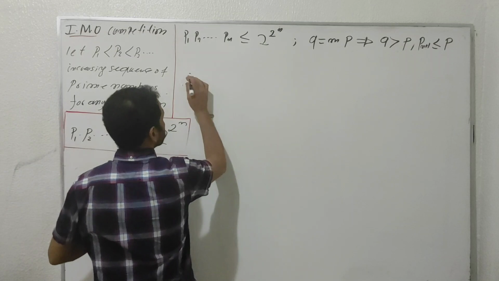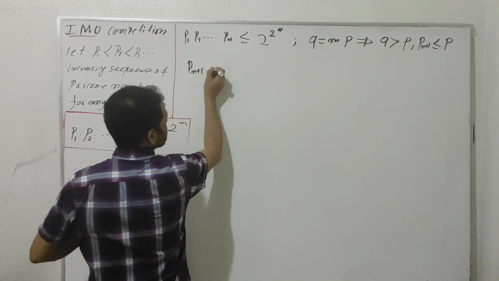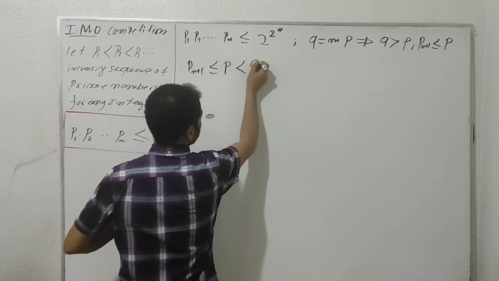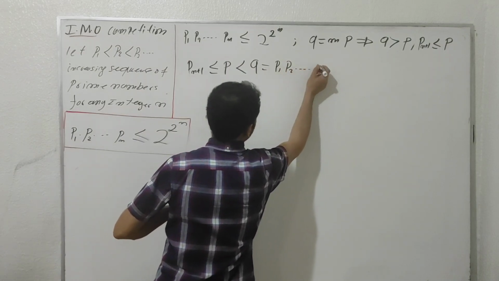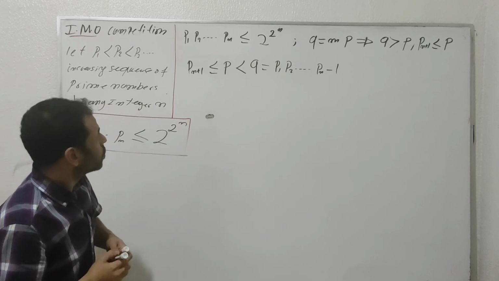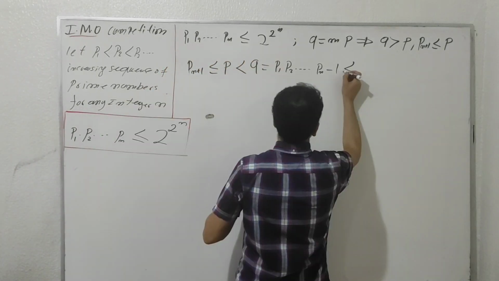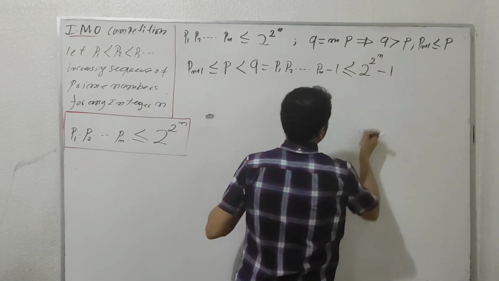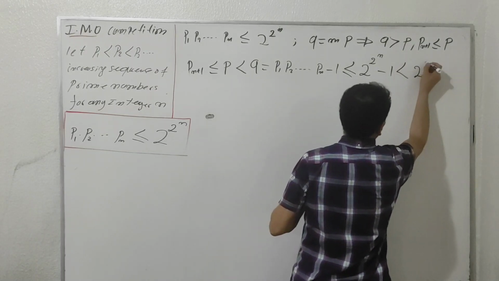So we know Pn plus 1 is less than or equal to P. We know P is strictly less than Q. We know Q equals P1 multiplied by P2 and all the way down to Pn, plus 1. This product is less than or equal to 2 to the n minus 1, so this term is strictly less than 2 to the n.